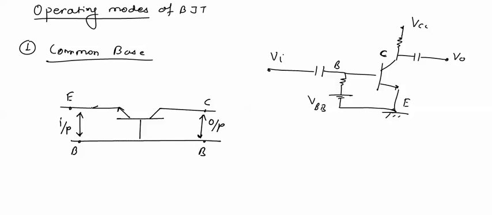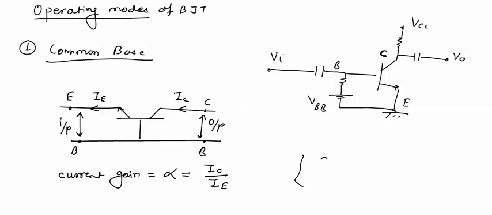Now at the input terminal we have the current IE, and at the output terminal we have current IC. So for common base transistor we will define its current gain. Its current gain is defined as alpha, which is equal to the ratio of output current by input current.